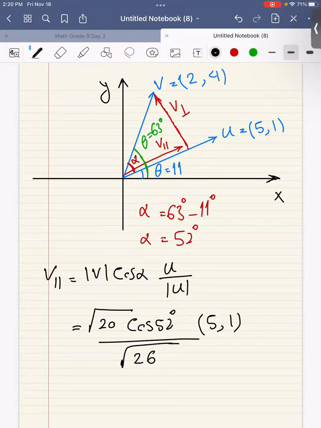Okay, tell me these numbers. What do you get? What is the coefficient here? Square root of 20 over square root of 26 times cos of 52. Lisa, you tell me.